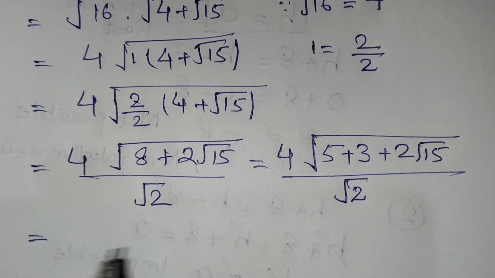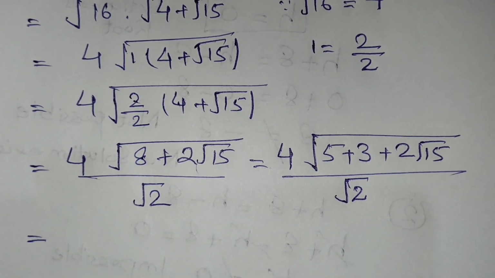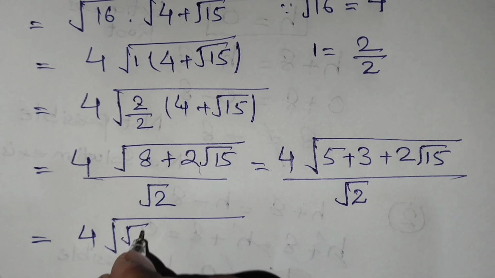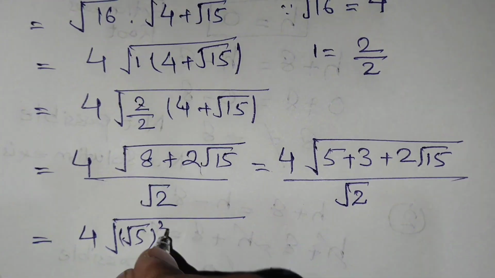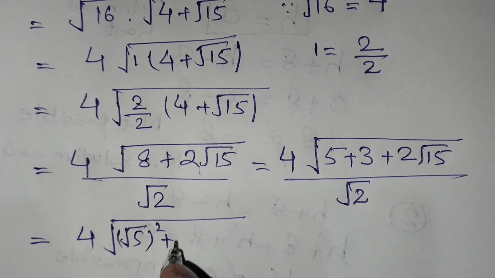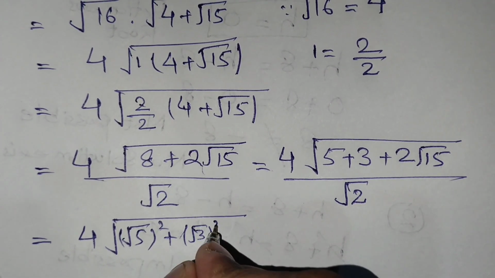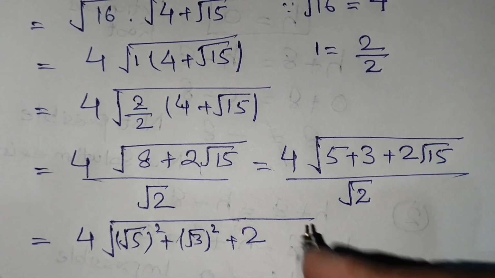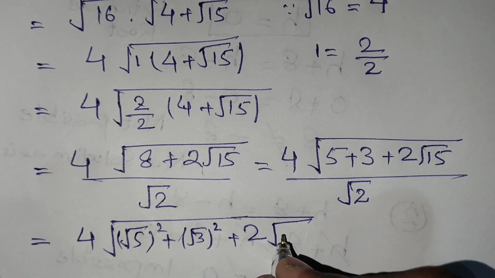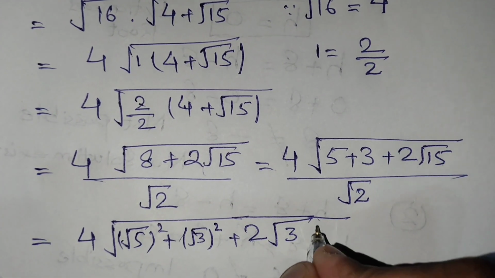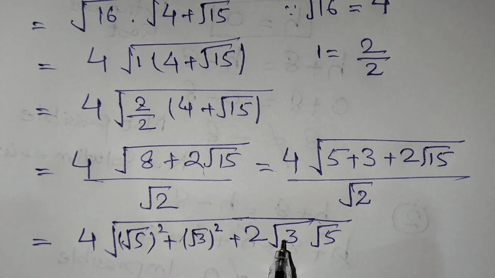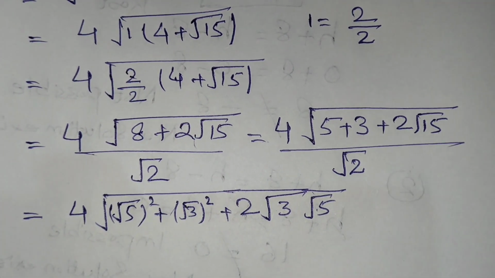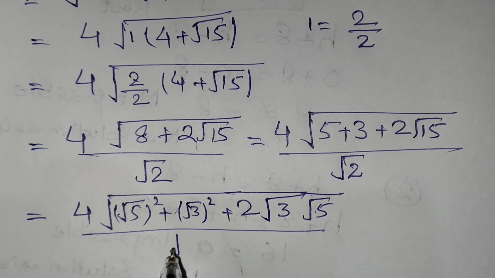Now this is equal to 4 times square root of 5 can be written as square root of 5 whole square plus 3 can be written as square root of 3 whole square plus 2 times this can be written as square root of 3 square root of 5, because square root of 3 times square root of 5 is square root of 15, whole divided by square root of 2.